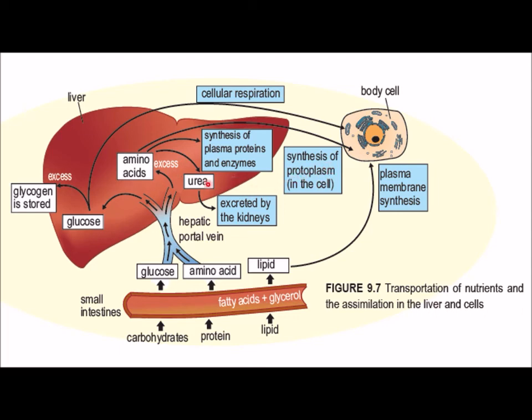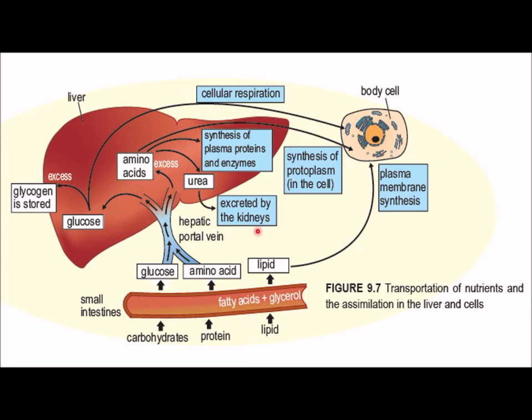If the amino acid is in excess, it will be converted into urea in a process called deamination. The urea will be transported to the kidney to be excreted in the urine.